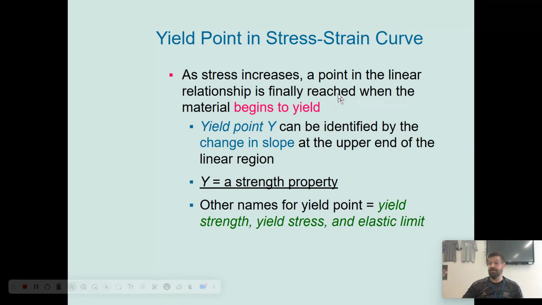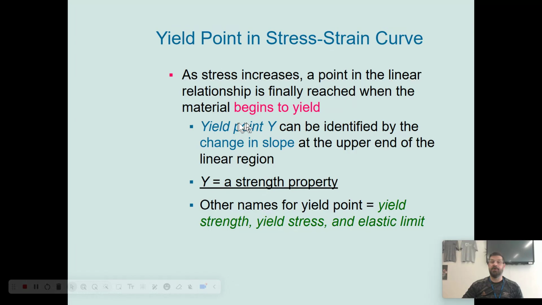I mentioned, and in the video they mentioned, the yield point in a material during the tensile strength test. It's the point at which the straight part of the graph begins to curve. That lets you know how much force per surface area, so how much stress, you have to put on a material of a specific kind in order to make it permanently deformed, to go from the elastic part of the graph to the plastic part of the graph, where it's permanently deformed and it's not coming back.